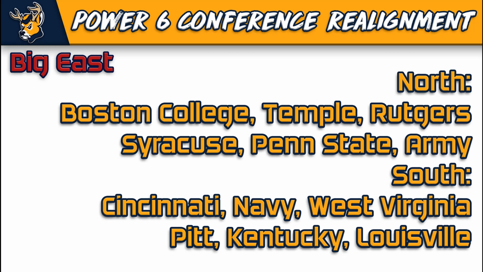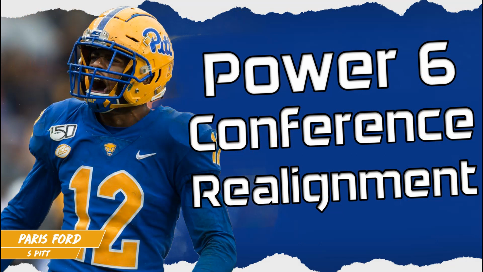I decided to go with MetLife. For the Big Ten, it's still going to be Indianapolis, and the ACC is still going to be Charlotte. So besides the Pac-12 and the new Big East, the conference championship locations are going to be the same as they currently are. So that is it for my Power 6 conference realignment.